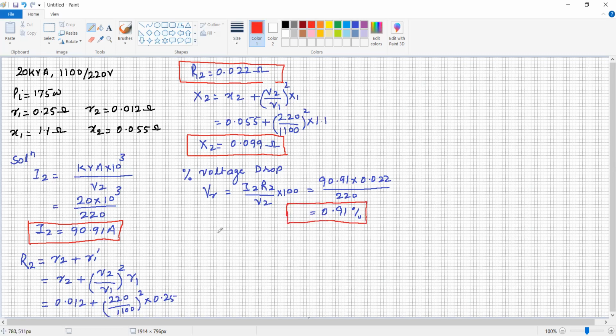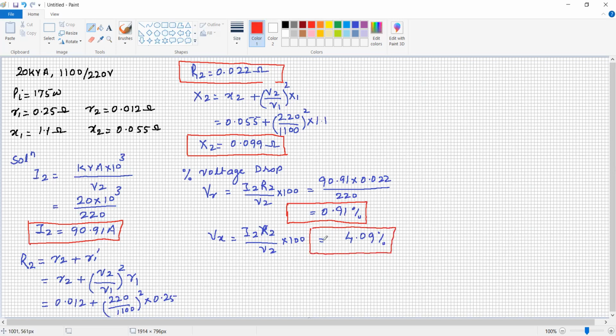Similarly, percentage voltage drop due to reactance Vx is equal to I2 X2 divided by V2 into 100, and it is equal to 4.09%. So the voltage drop due to reactance is more.